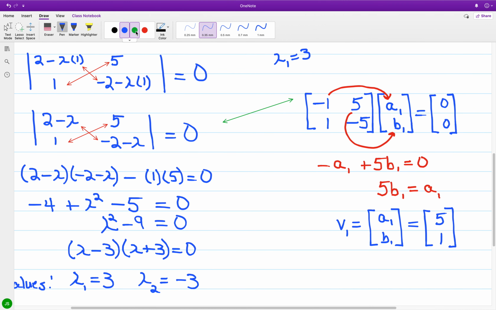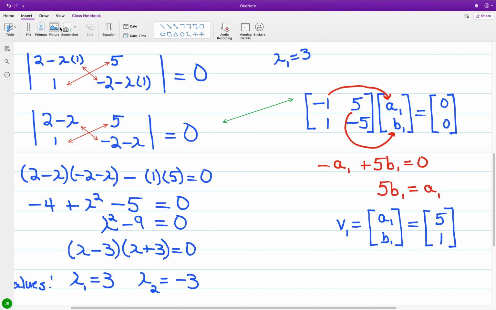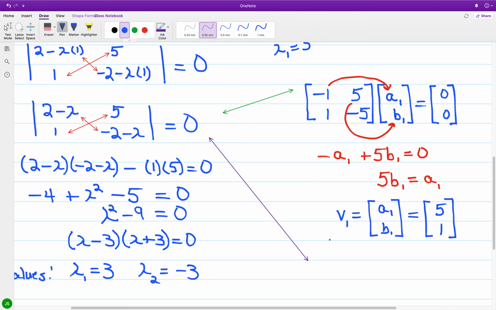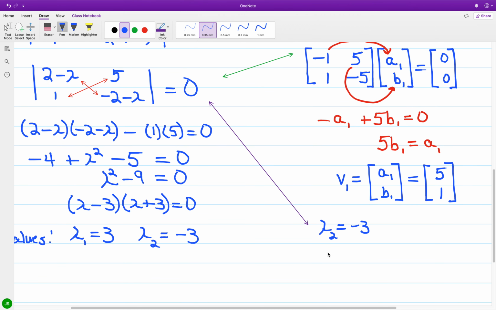Now, working with what is regarded as the second eigenvalue and establishing the second eigenvector. Again, we have lambda 2 equal to -3. So we have 2 minus -3, which is 5, and 1, and we have -2 minus -3, so -2 plus 3, which is 1.